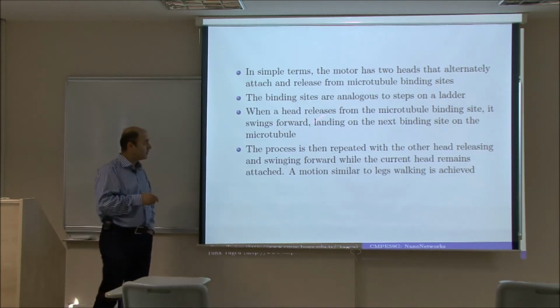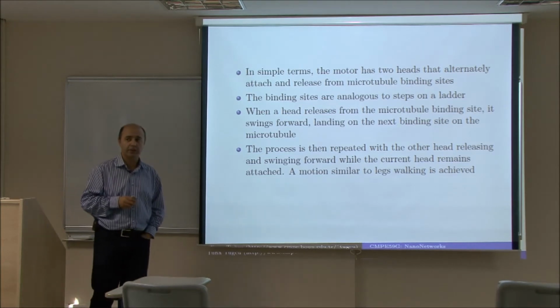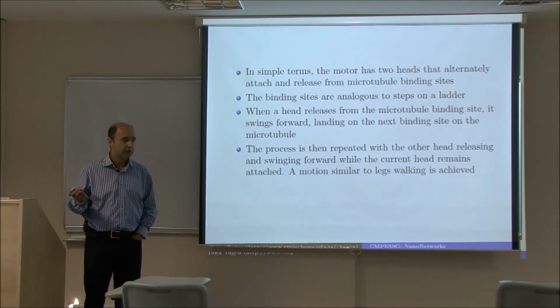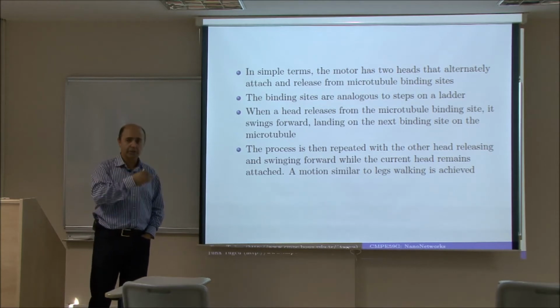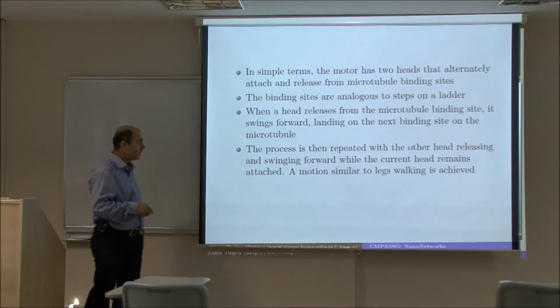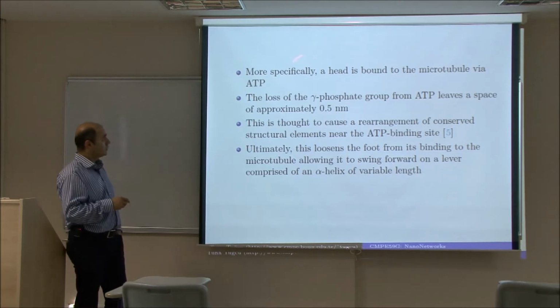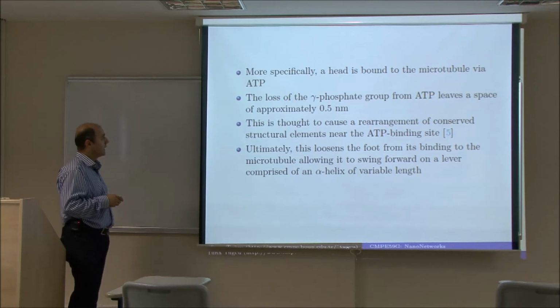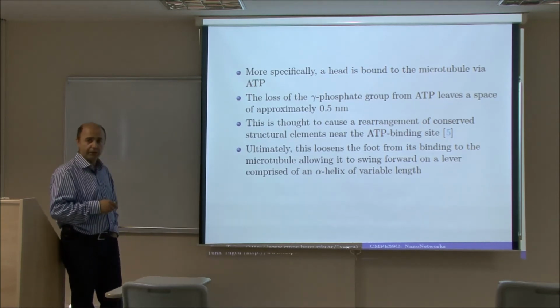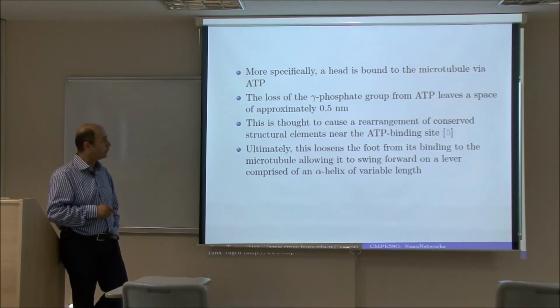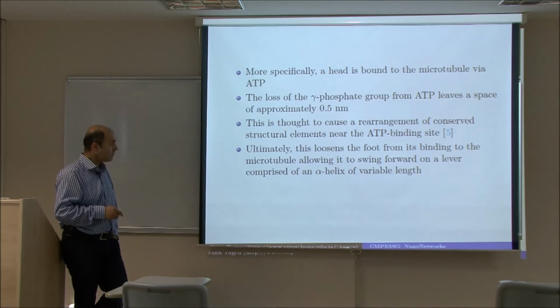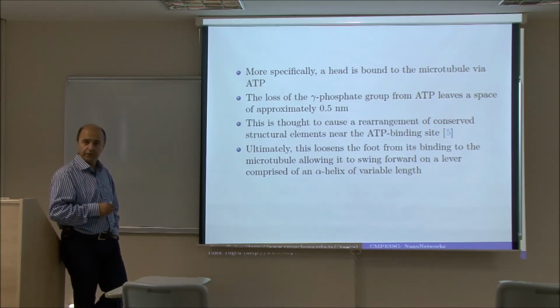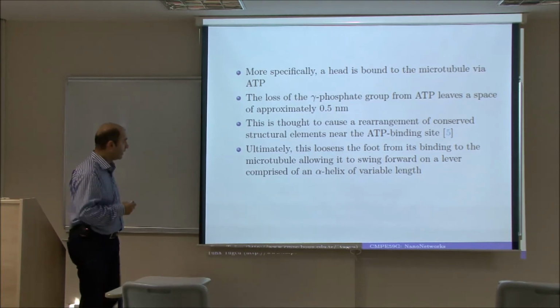And this forward direction changes according to the molecular motor. As we said, kinesin and dynein work in reverse directions. So the head is attached to the microtubule, as we said, using ATP. And with the hydrolysis event, ATP loses one gamma phosphate group, and this leaves a space of approximately half nanometer between the head and the rail.